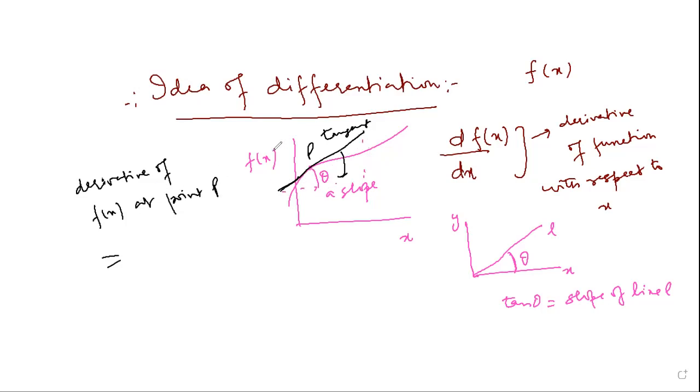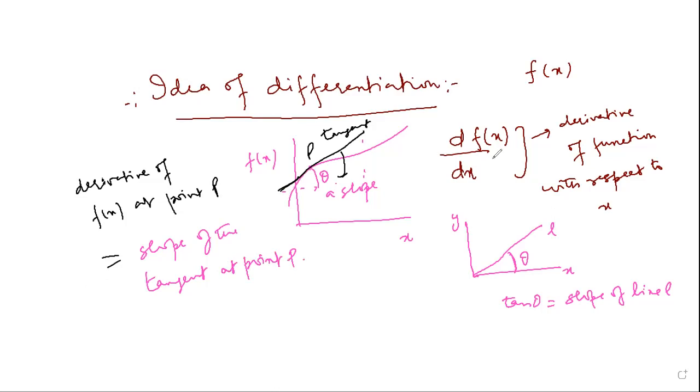This derivative of the function at point P, because you find derivative at certain point, is geometrically slope of the tangent at point P. Got it?